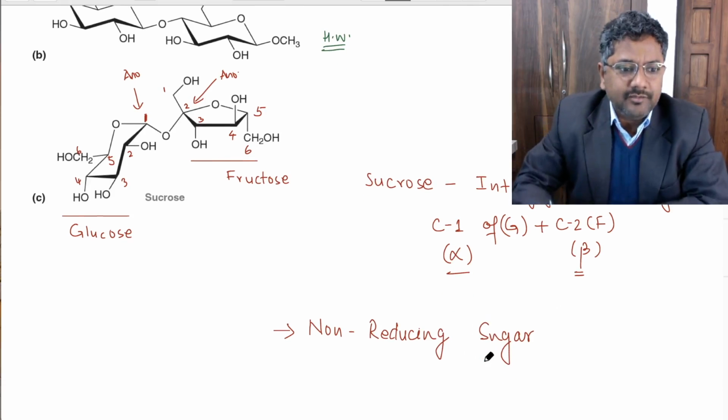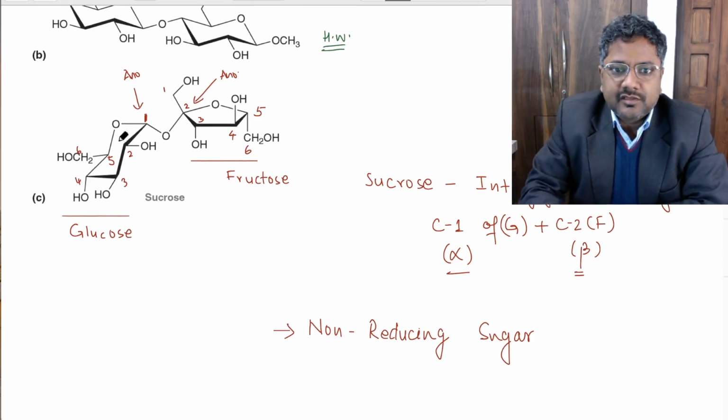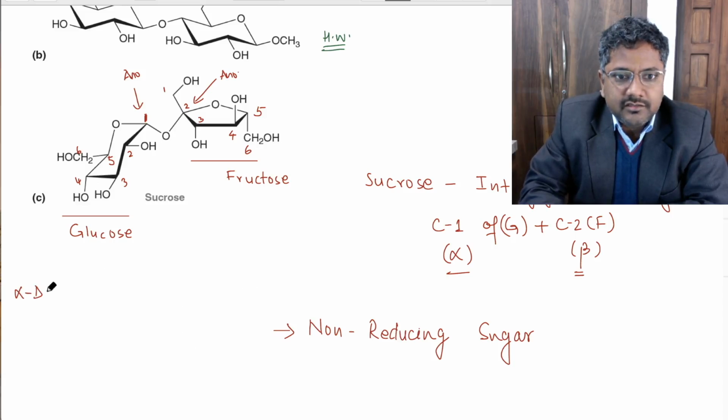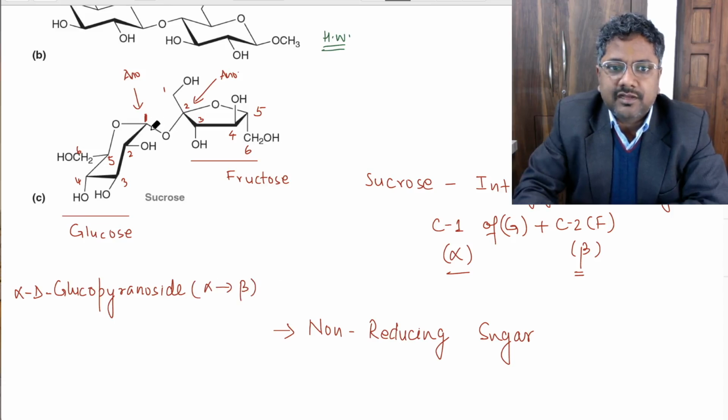Now, how to name this, right? You can write the name of this as alpha D glucopyranoside, right? Now this is alpha, this is beta. Alpha to beta, right?